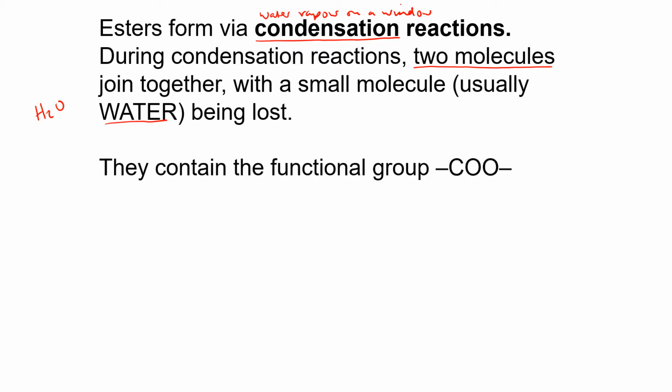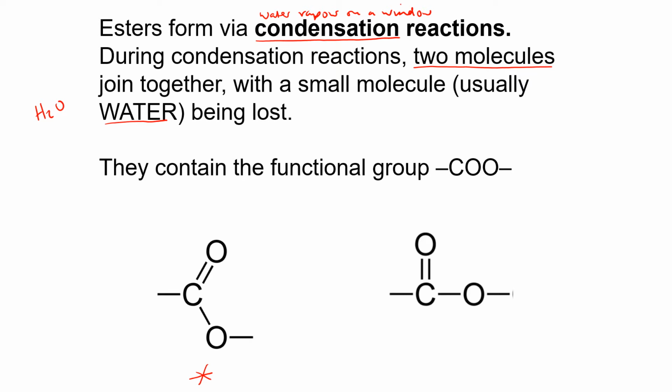Now the functional group that esters contain is COO. We're going to look at why that is in just a second, but to see how it might appear in an exam, these are the two different ways that you might recognise esters when they're drawn out. They can have this angled form that we can see on the left, but often they'll be shown as they are here on the right hand side, drawn straight out or at a right angle.